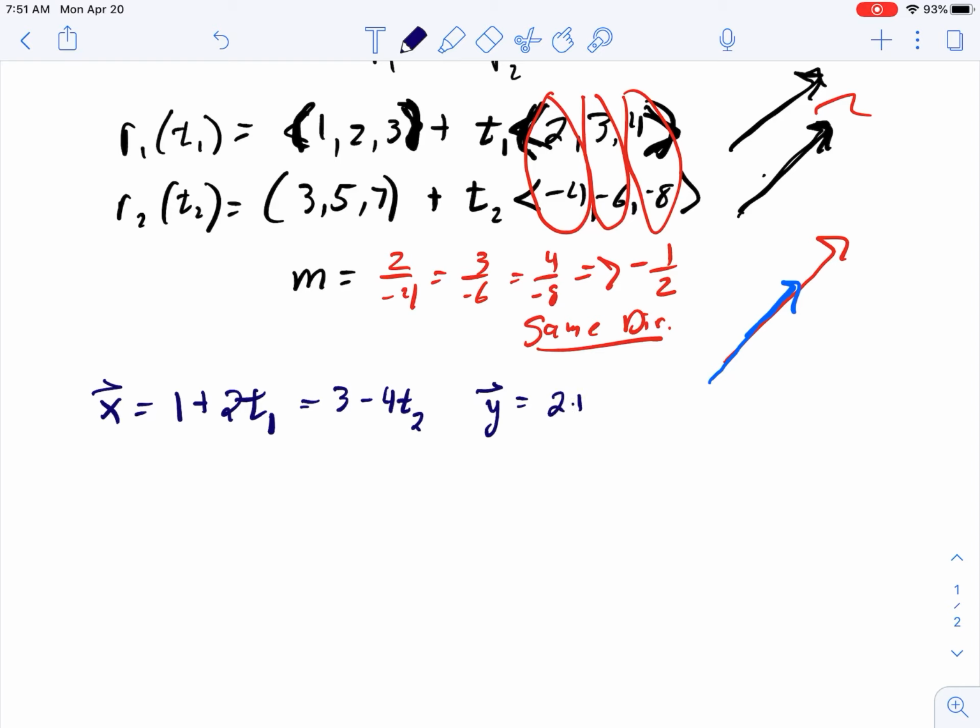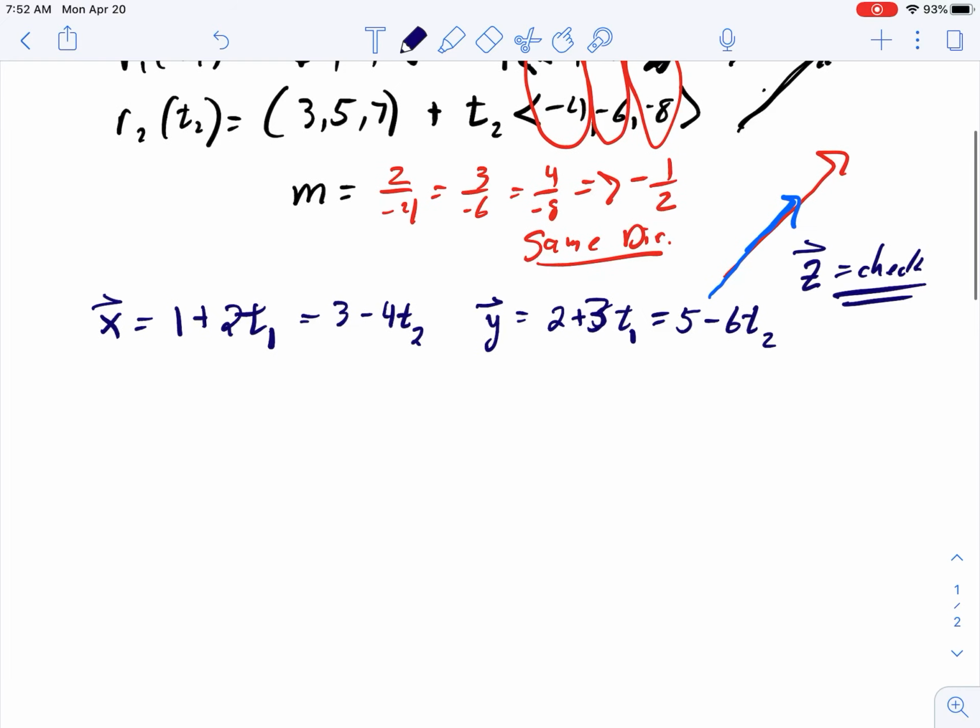That would be 2 plus 3t1 and 5 minus 6t2. Now I do also need my z's, but I'm going to use that one to check after I solve.